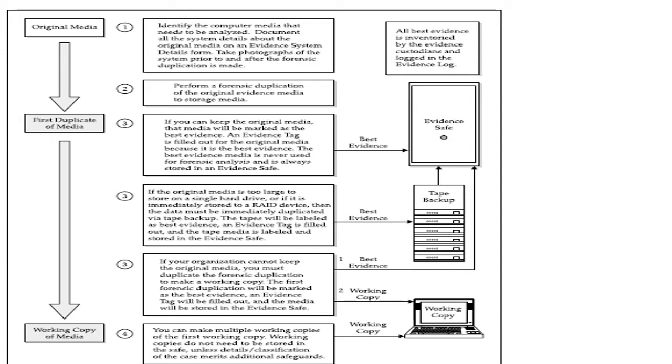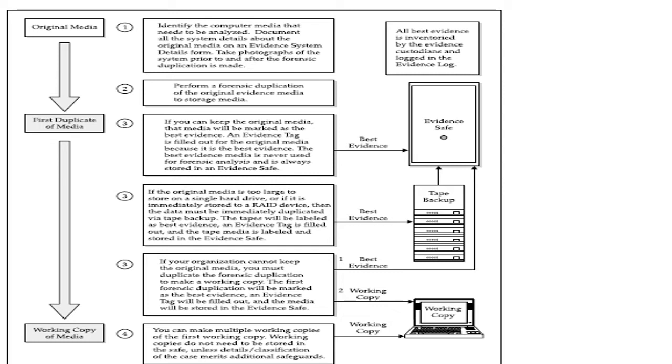Basically, the procedures that we have been discussing on the previous slide can be illustrated by the diagram on the presentation as follows. We have our original media, which is simply our best evidence.